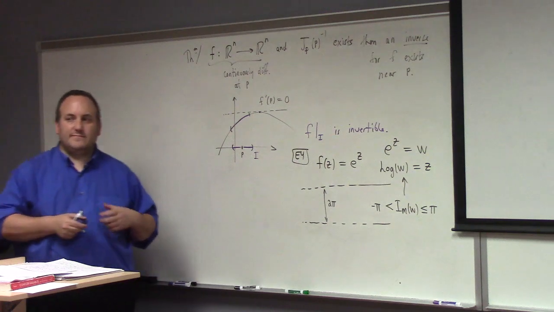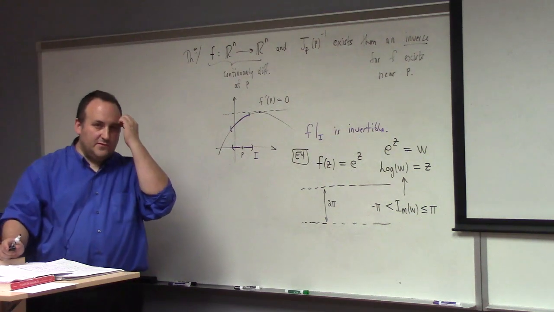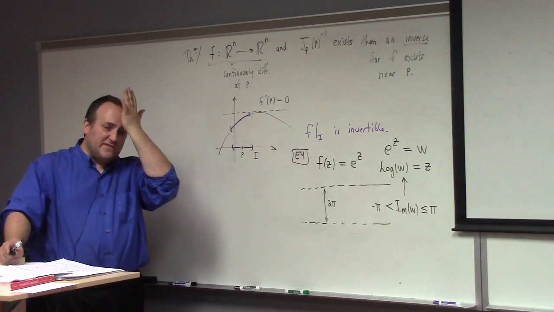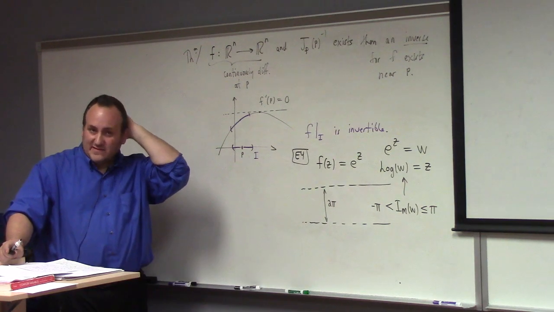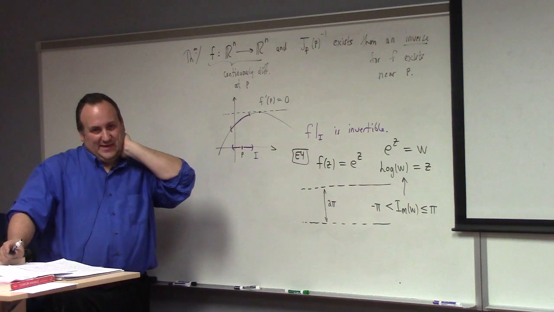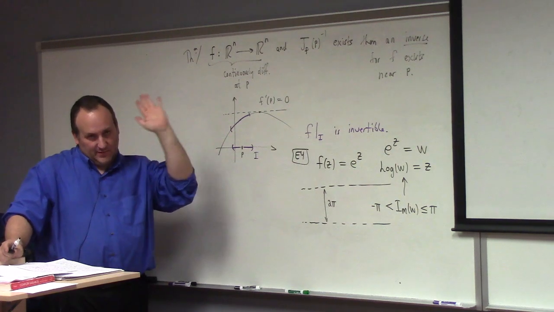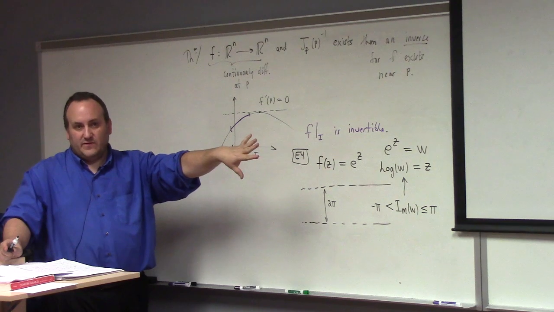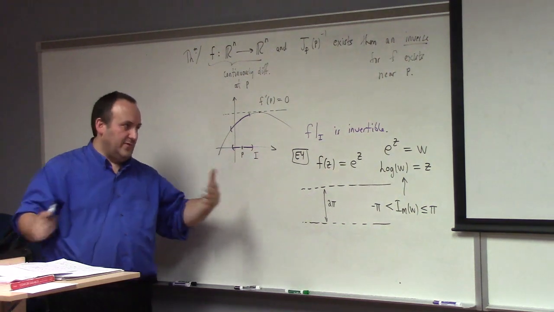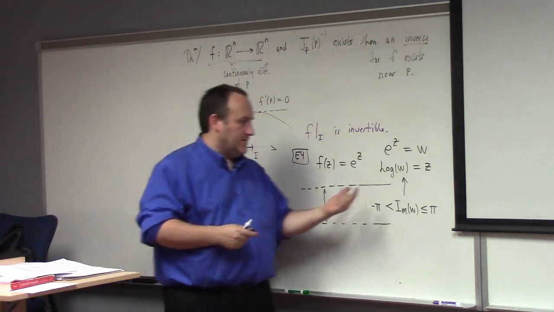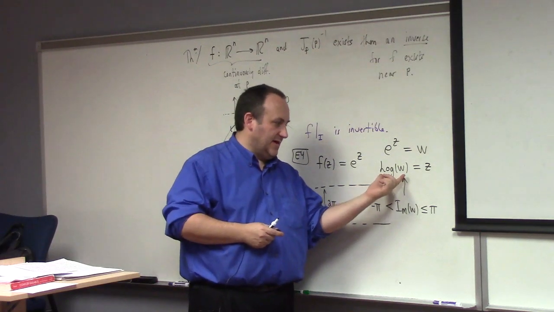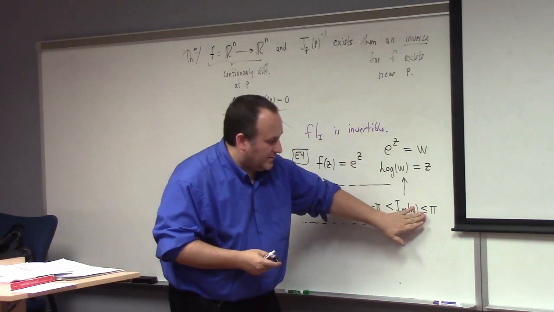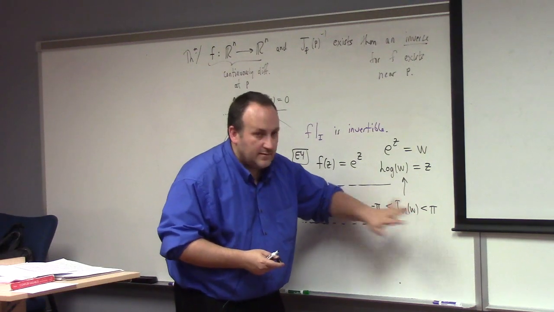But can we do that if we want it to be differentiable in the complex sense? We can't because of the issue I was talking about earlier. We have the angle jump. So if we want the complex derivative, if we want this to be holomorphic, I have to throw out the equals here.